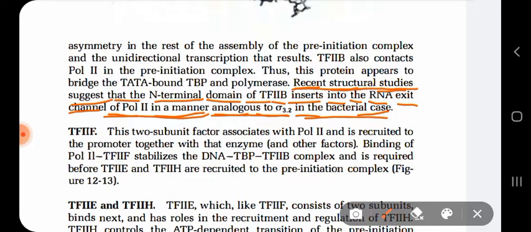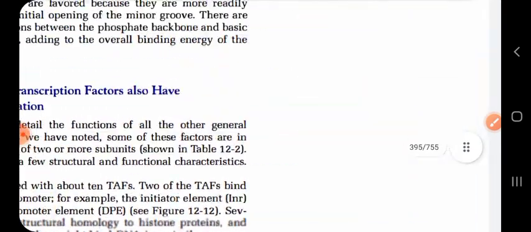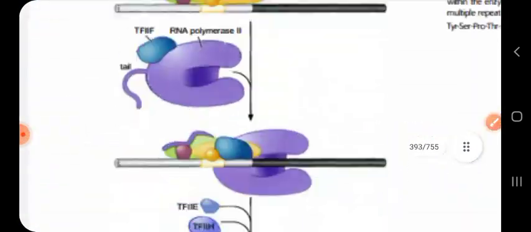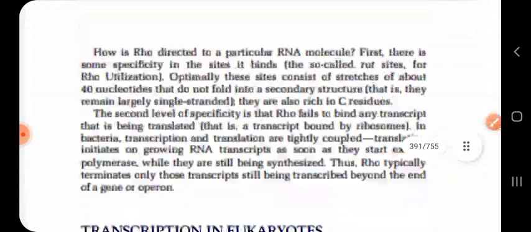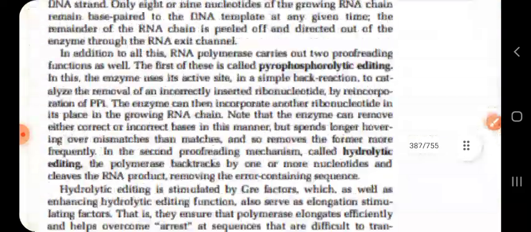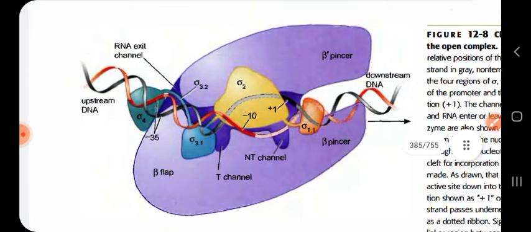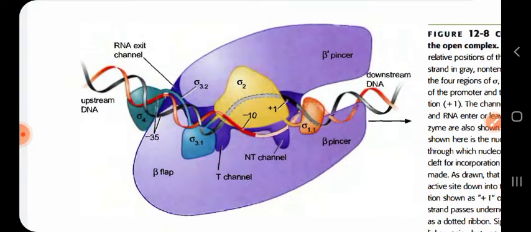So let us look at the bacterial RNA polymerase first. I will try to compare this bacterial RNA polymerase with the RNA polymerase II in eukaryotes in the same figure. The figure has not been discussed here, but I have to show you the figure. So this is the figure of RNA polymerase of bacteria.